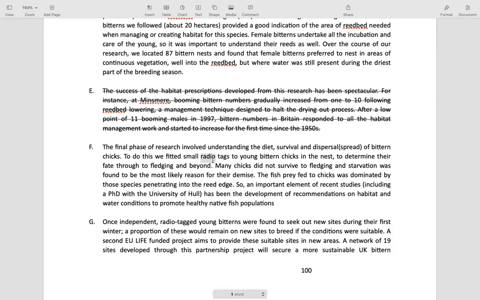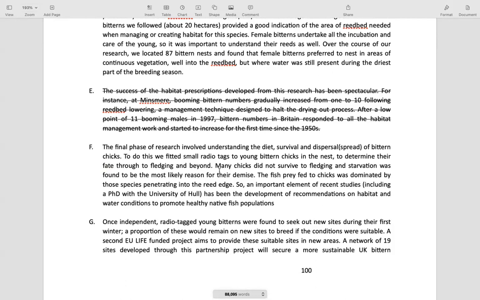Radio tags, small kind of radios. And to determine their what? Fate. Fate means their future. Actual meaning of fate in Hindi, can someone tell? Naseeb. Perfect. Or we call it Kismet. So fate means Naseeb or Kismet. Very good.